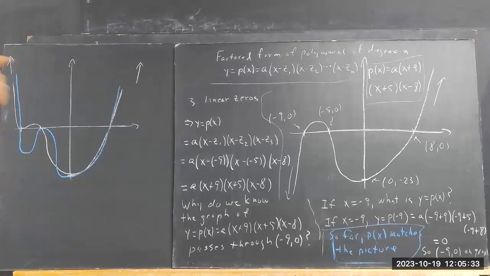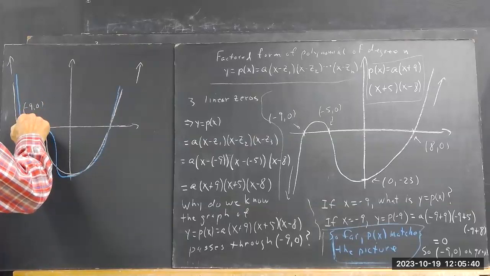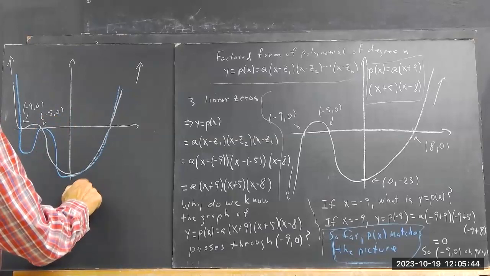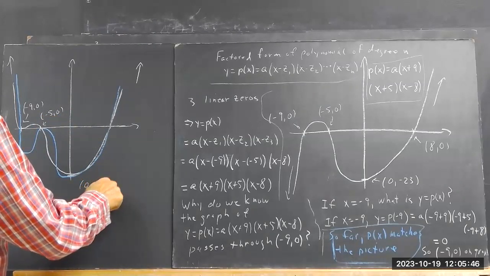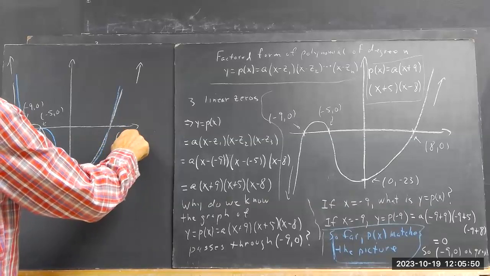Okay, well, using the same numbers, so that this point is -9, 0. This point is -5, 0. This point is 0, -23. And this point is 8, 0.